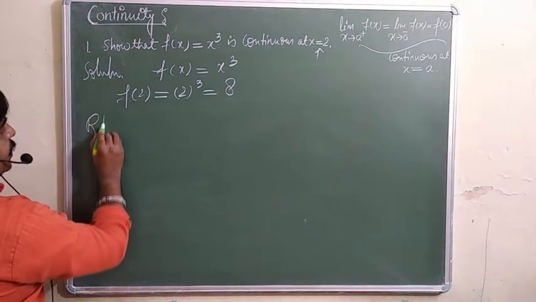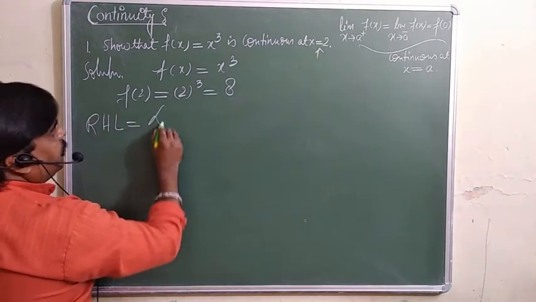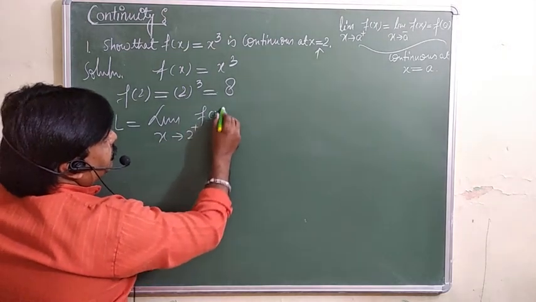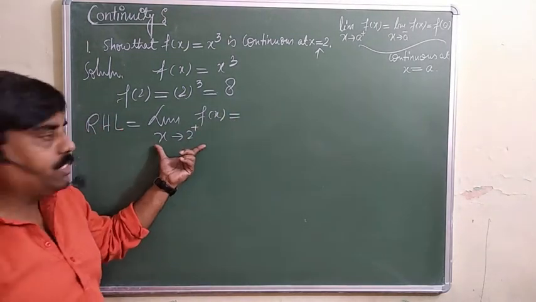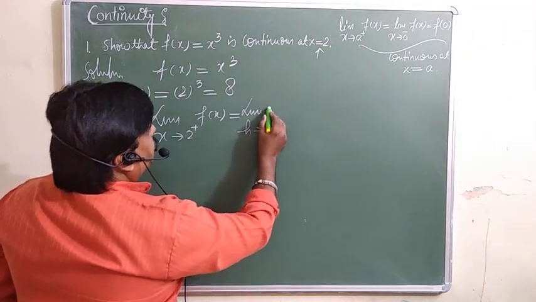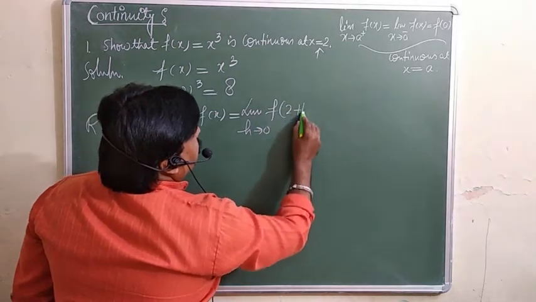Now take the right hand limit, limit x tends to 2 plus of f(x). This can be written as limit h tends to 0 of f(2 plus h).